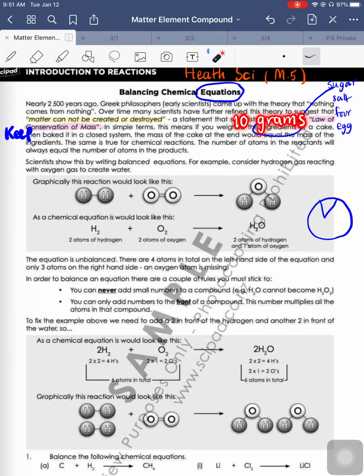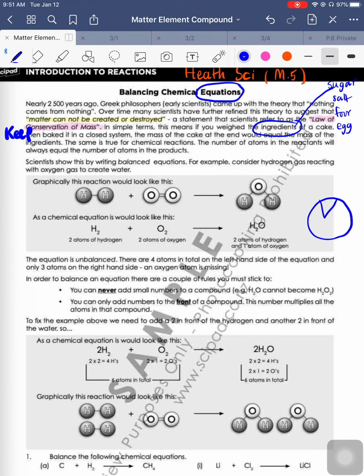Then you mix the ingredients together and bake it to make a cake. The cake will be 10 grams as well. This is what we call conservation of mass.